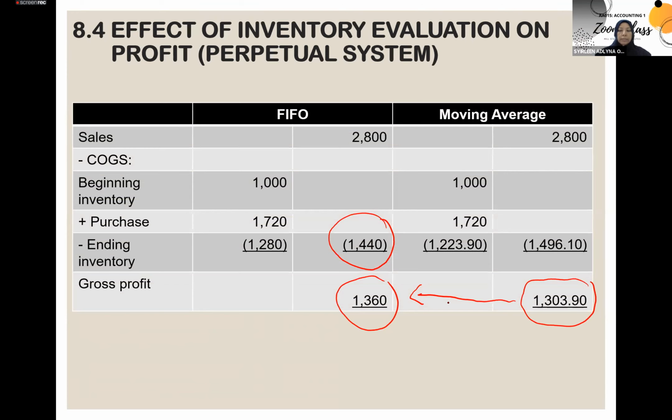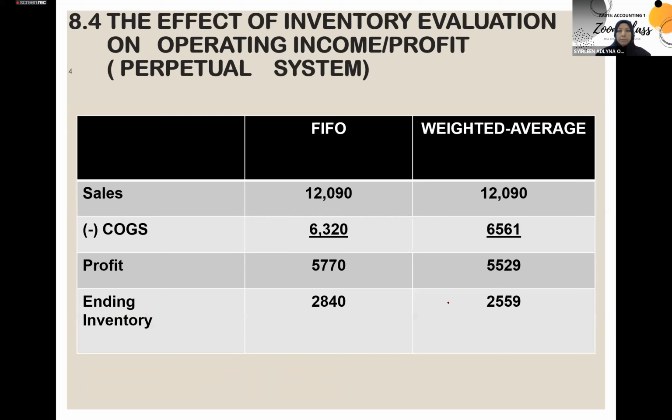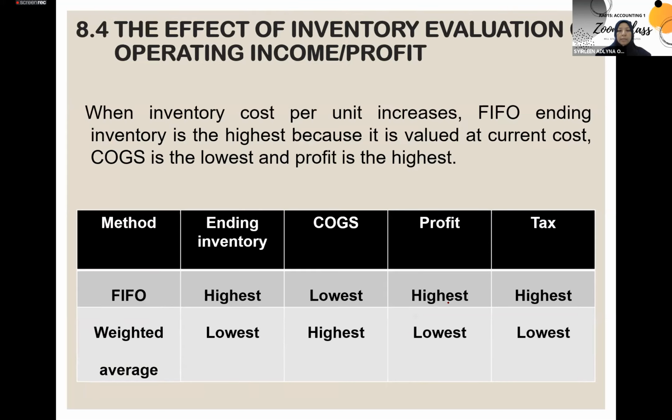So sebenarnya kesimpulan yang kita boleh buat, bila kita guna periodic ataupun perpetual, the best way is actually kita pilih FIFO, kalau kita nak dapatkan untung yang besar lah. Tetapi kena faham, bila untung kita besar, cukai kita pun besar sebab pendapatan kita tinggi kan.